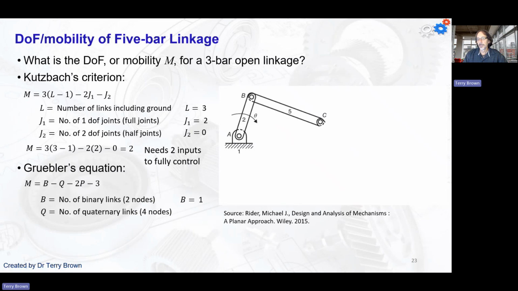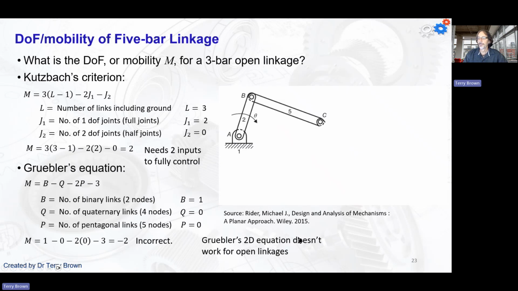If we put that into Grubler's equation, number of binary links is 1. If you've got 2 connections here, or if you put it in as 3, it still doesn't work. That would give you 0, right?